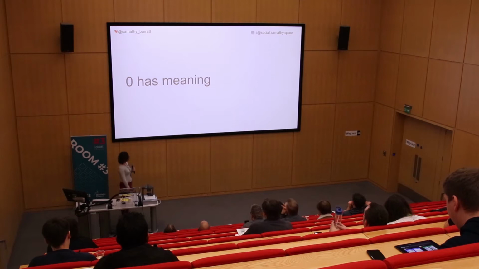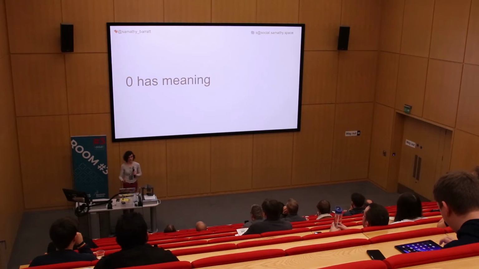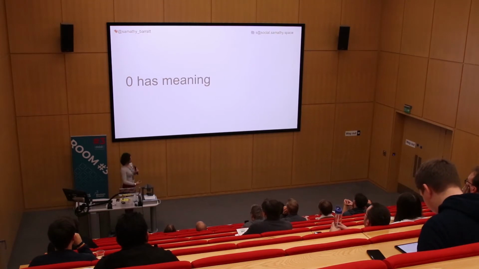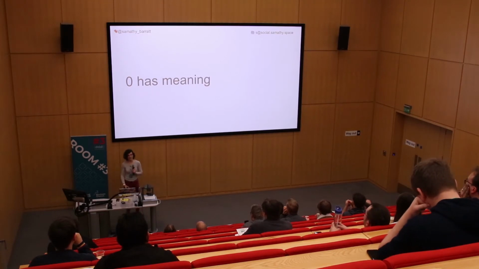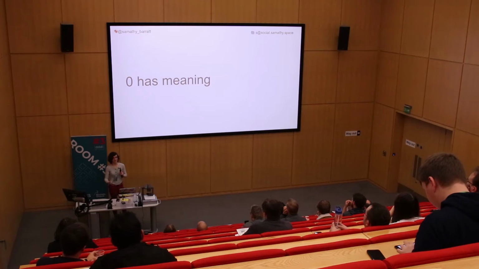So essentially, zero has a meaning. And while in historical lower-level computing, we've used zero to represent the concept of nothing, we can't just use zeros nowadays, because we want to represent much more complex computer science things, and we can't just use zeros to say it's nothing.